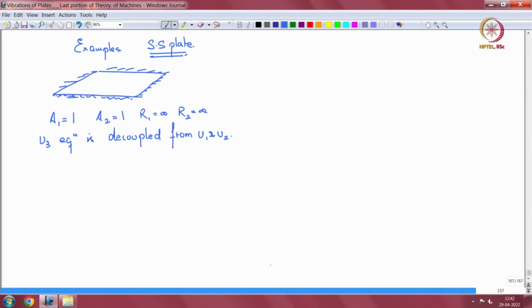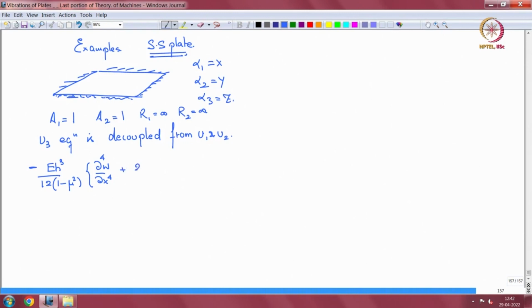Now if I write it the way the textbook does it, I have minus EH cube by 12 (1 minus mu squared) into del 4 W by del x fourth. Let us say alpha 1 is x, alpha 2 is y, alpha 3 is z direction.